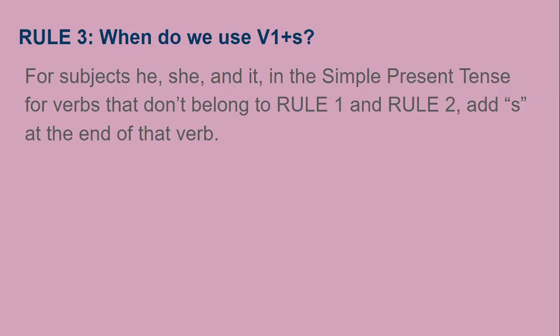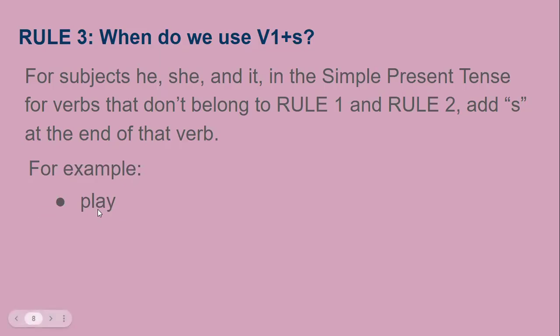So it means if the verb does not hold the properties that we talked about in rule 1 and rule 2, then we just add S at the end of that verb for subjects he, she, and it in the simple present tense. Example, the verb play.